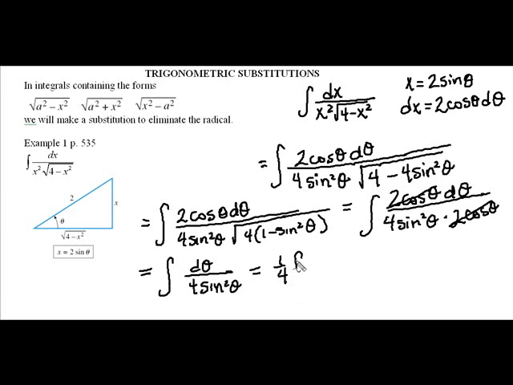And the antiderivative of cosecant squared, remember, is cotangent. Actually, negative cotangent. So that's going to be negative 1/4 cotangent of theta plus c.